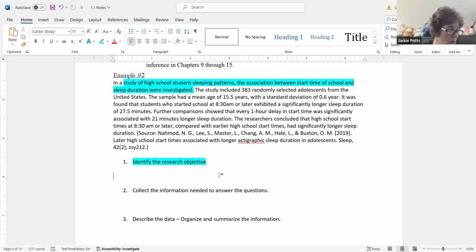All right. So collect the information needed to answer the question. Well, the study included 383 randomly selected adolescents from the United States. The sample age was 15.5 years with a standard deviation of 0.6 years. Now you're going to hear about mean and standard deviation quite a bit.